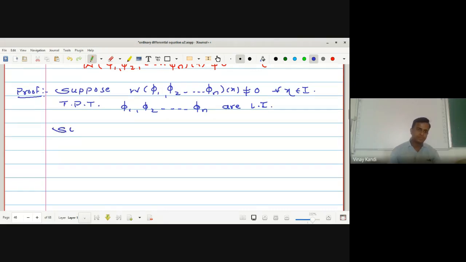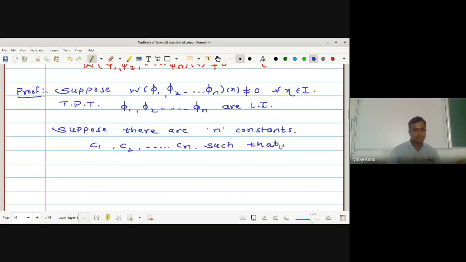Now suppose there are n constants C1, C2 up to Cn such that C1 into phi 1 of x plus C2 into phi 2 of x plus up to Cn into phi n of x is equal to 0 for all x belonging to I.